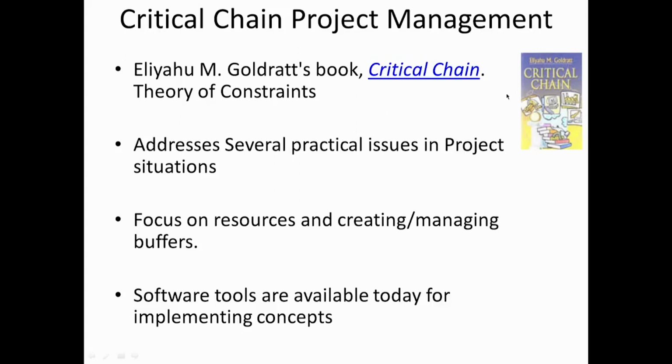In these books he has addressed several issues and project situations which are not addressed by CPM. His main focus is on resources. Like in CPM we focus on activities, here he focuses on resources, how to manage resources and how to create different buffers around resources so that the critical elements of the projects get delivered. Again, to implement CCPM you need software tools, and they are also available in the market today.